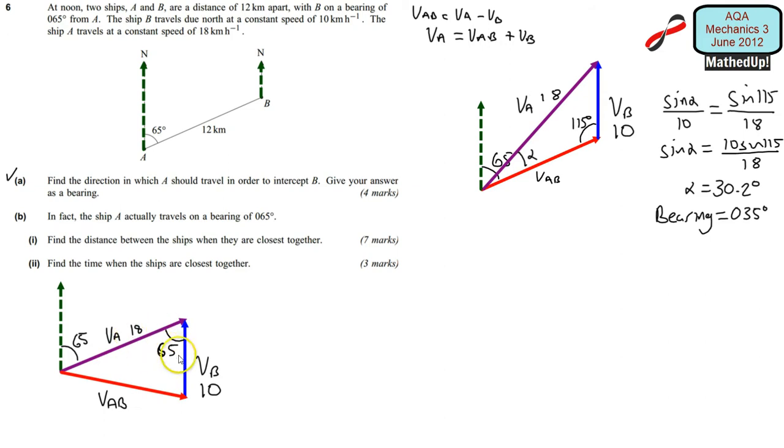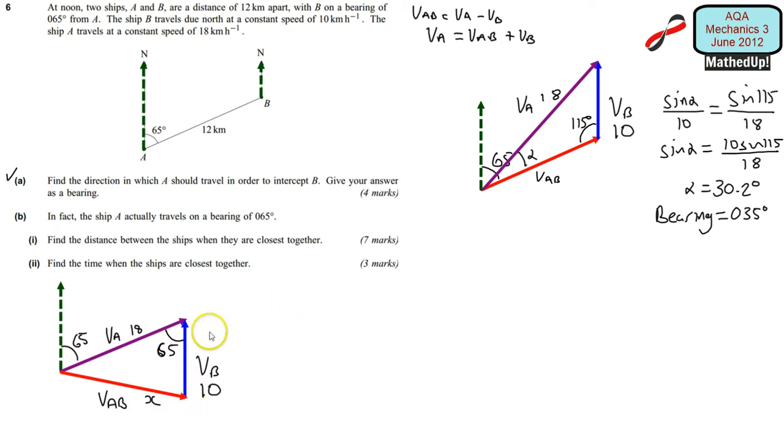Over here I can see I've got an angle and two sides either side of it, and I want to work out what this speed here is. In order to do that I can use the cosine rule. We don't know the value of the speed here, so I'm just going to call that x.